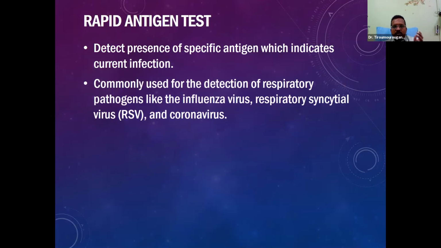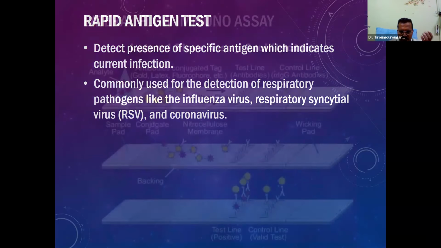Antigen tests are useful in some conditions, and obviously we look for specific antigens, but unless we have a specific antigen which can easily be identified, these tests are not very useful either. They are mainly used for respiratory pathogens like influenza, RSV, and coronaviruses.